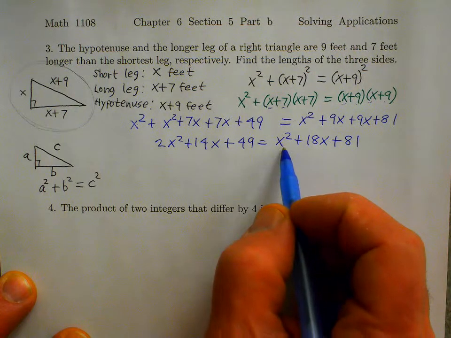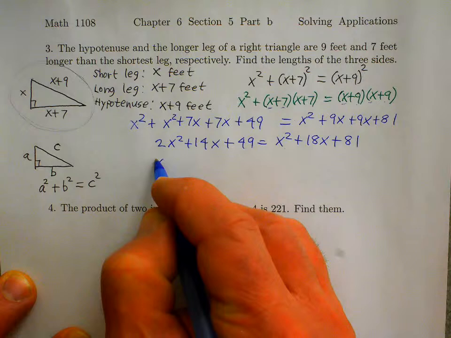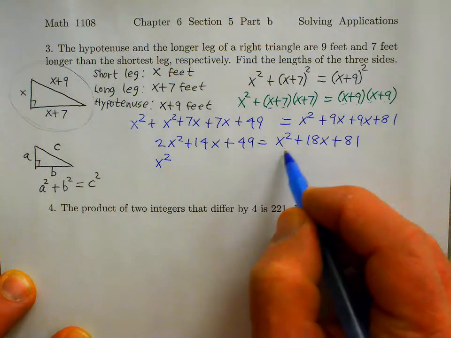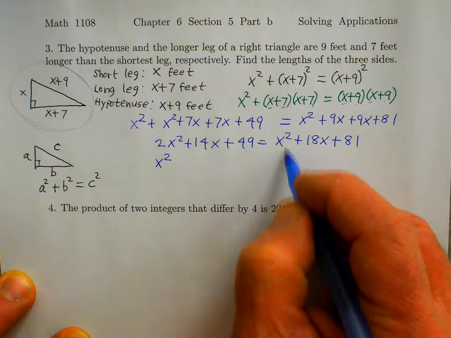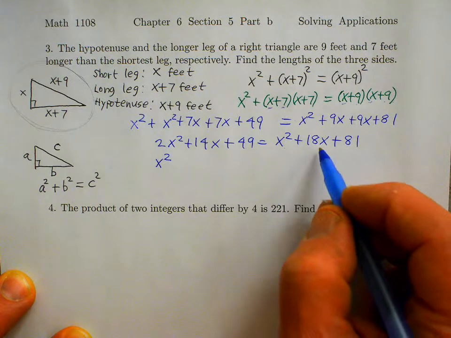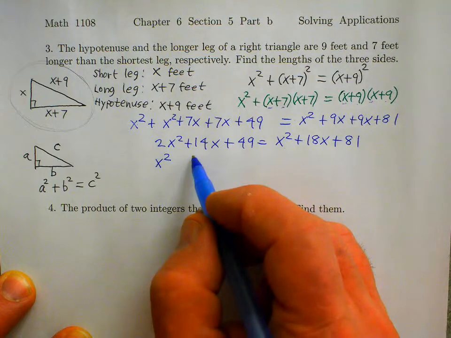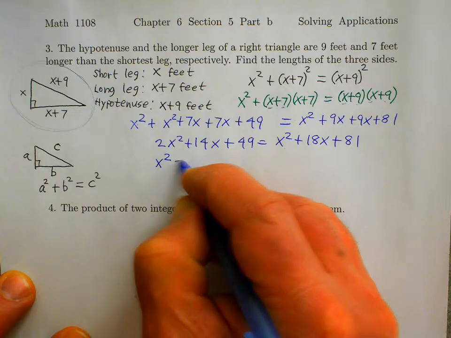So when we subtract x squared from both sides, 2x squared minus x squared is x squared. And on the right-hand side, we'll have no more x squared terms. Then subtract 18x from both sides. So on the left-hand side, 14x minus 18x is negative 4x, so we write minus 4x.